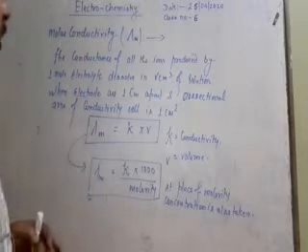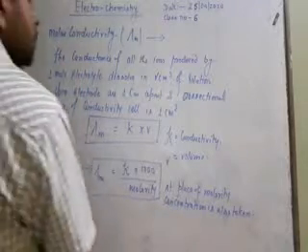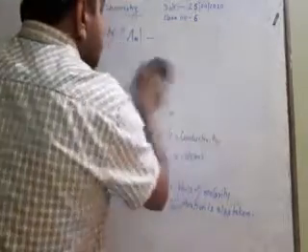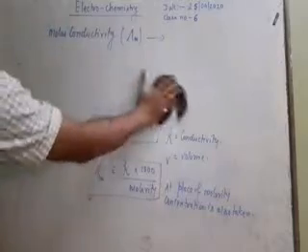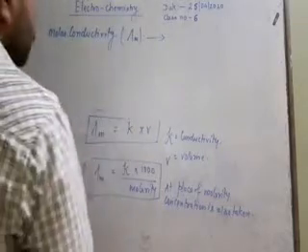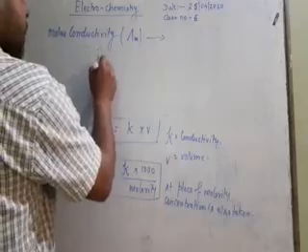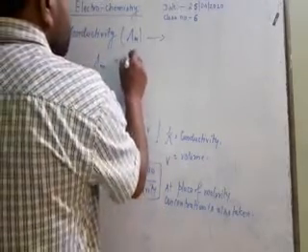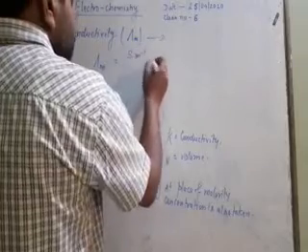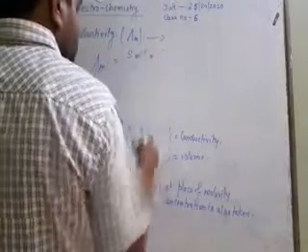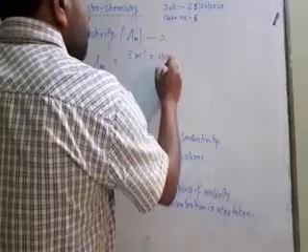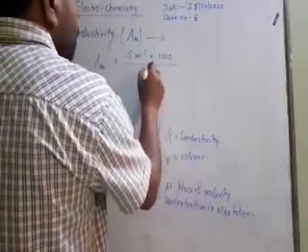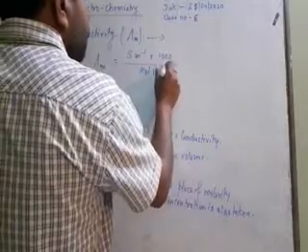So students, initially we discuss the unit of molar conductivity. Cap M equals conductivity in Siemens meter inverse upon 1000 by molarity, mole liter inverse.